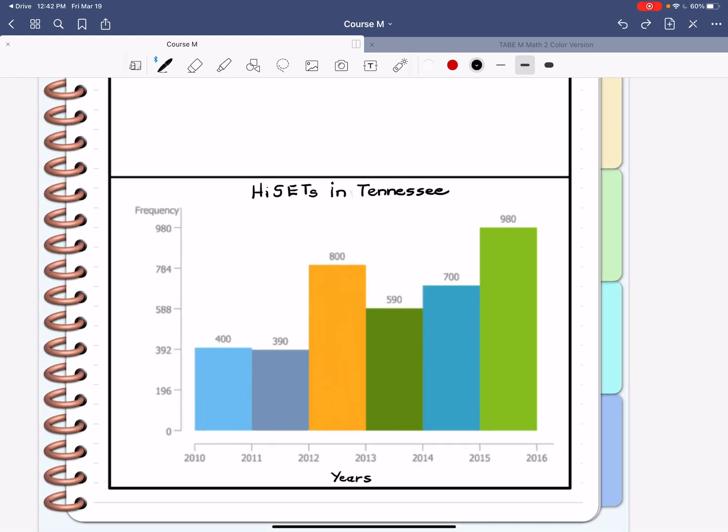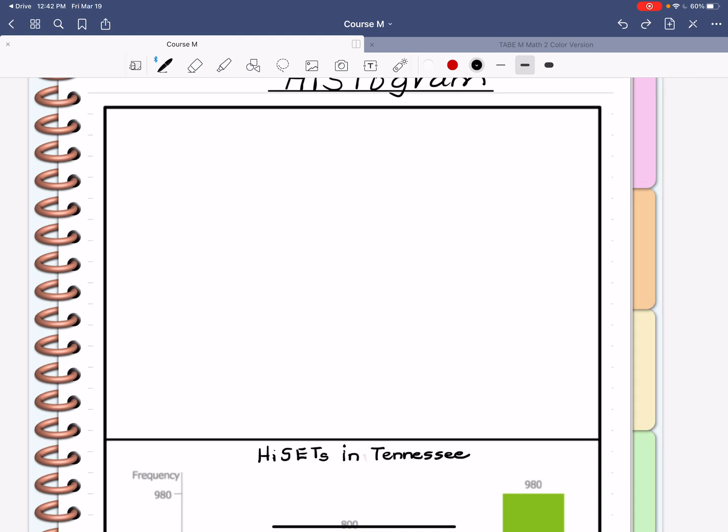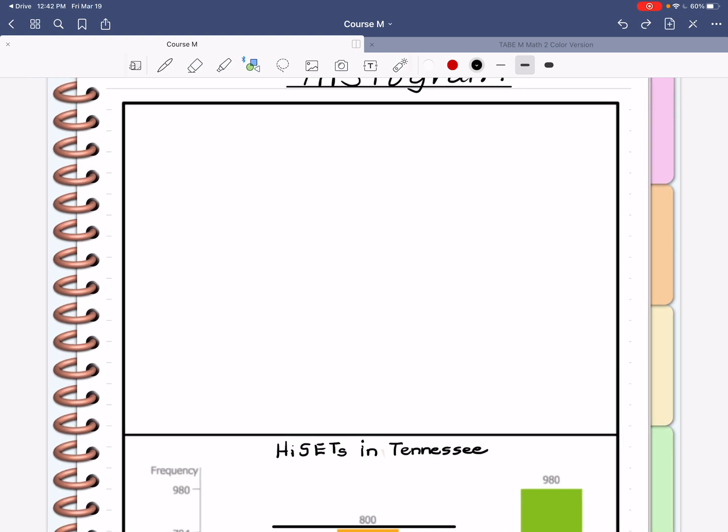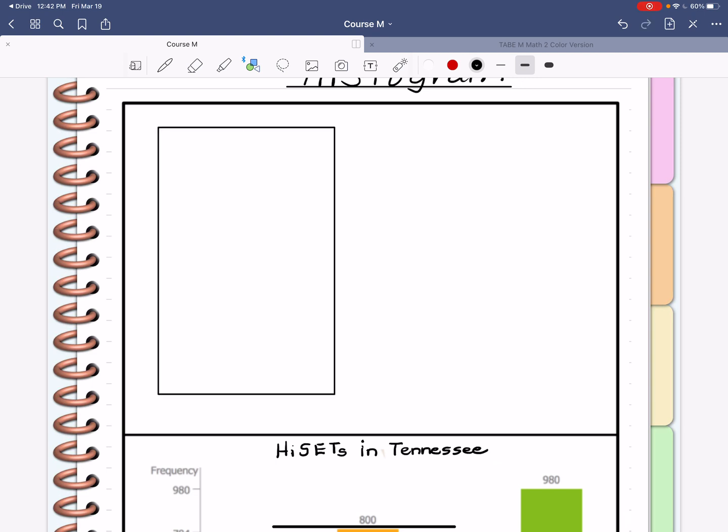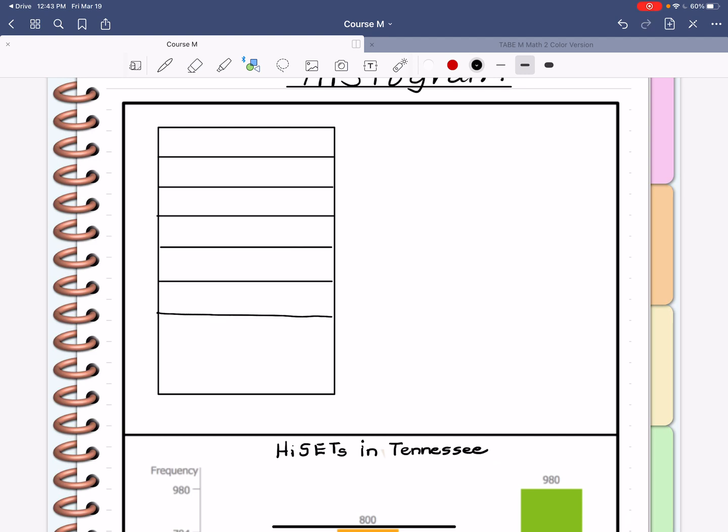So here's what we're going to do for the frequency table. First thing I want to do is draw the table. And I'm going to put a header row. And then 6 rows to match my 6 bars. Okay.